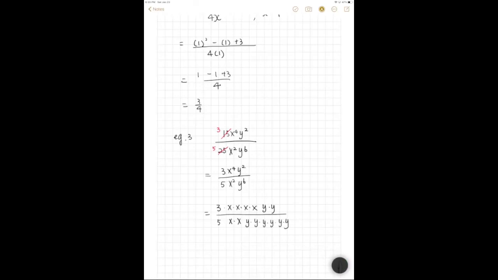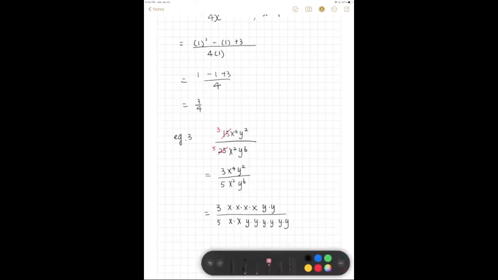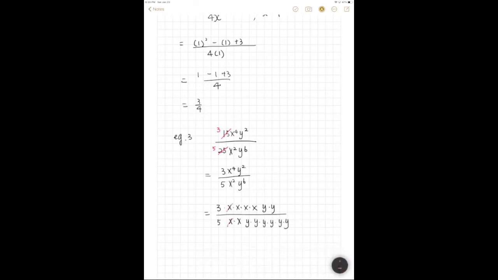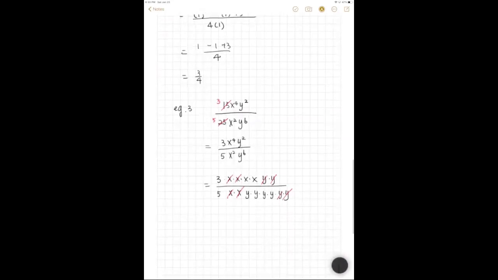Now we can reduce one by one. So since they have x, I reduce the common x squared, and then there's 2 y's, I reduce 2 y's. And now let's count how many remain. So for x, in the numerator, I have x squared remaining. And then for the bottom, which is the denominator, I have 5 times y. How many y's left? 4 y's, which is y to the 4th power.